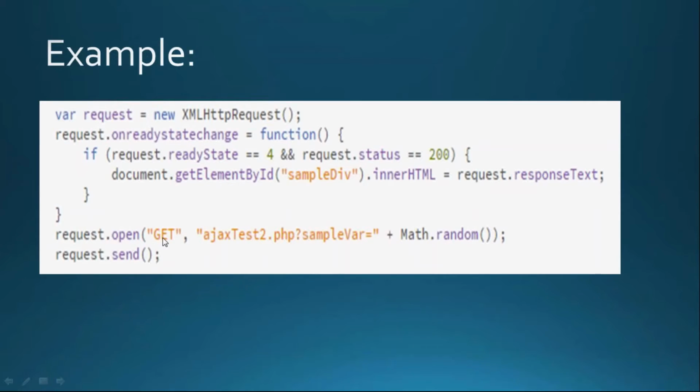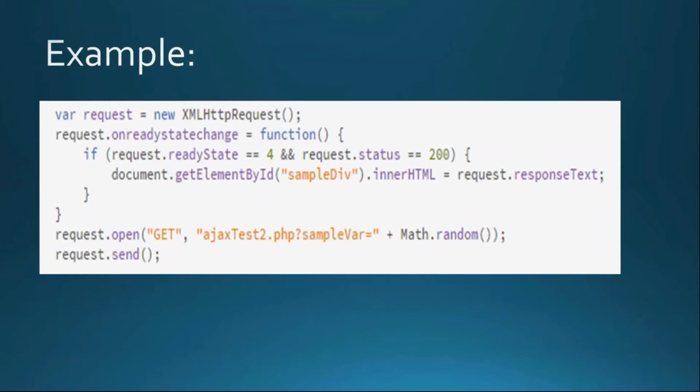Here I'm opening the GET request with the given URL and the value which I'd like to pass to the server as a query string. When I call this send method, this request will be sent to the server. So this is how the XMLHttpRequest will be working in JavaScript.